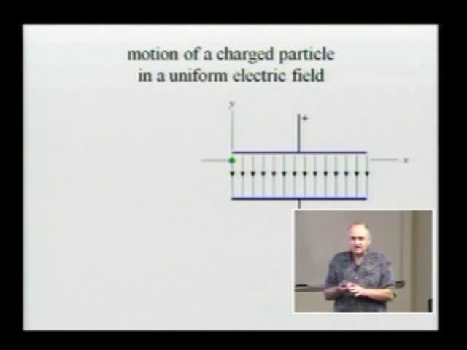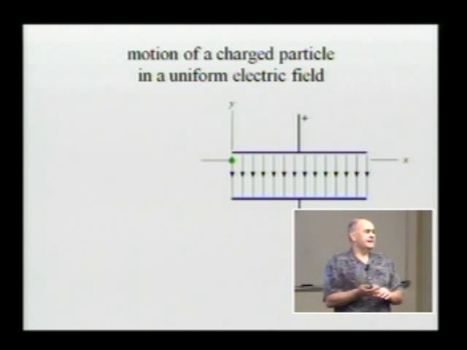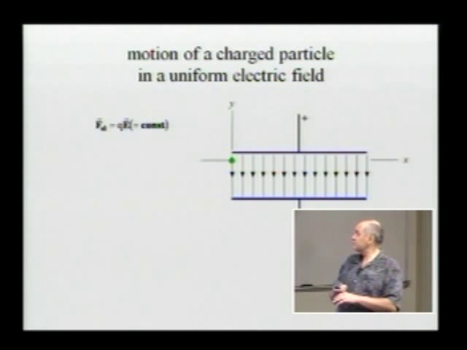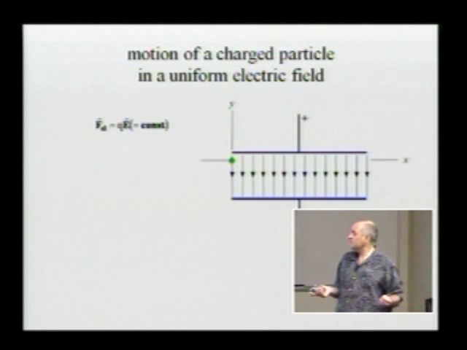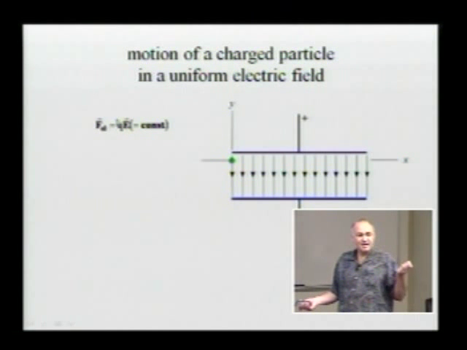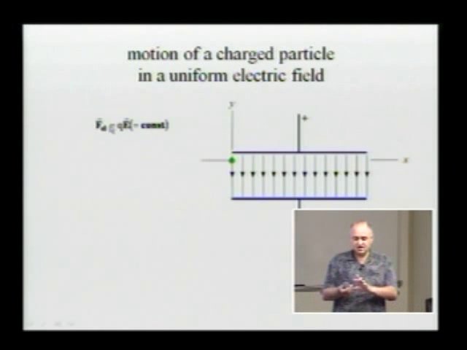So from Newton's second law, we can figure out how the particle is going to move. We can recognize that electrostatic force is going to be the charge of the particle multiplied by the electric field at the location of the particle. However, in a uniform electric field, despite the particle changing position, the electric field vector remains constant. So electrostatic force is going to be constant.